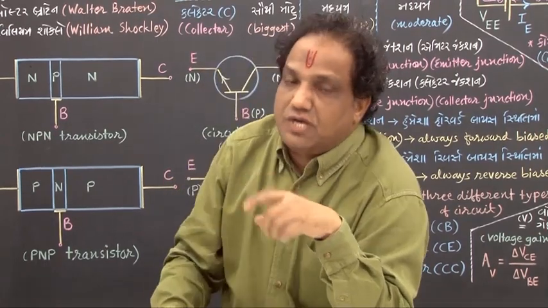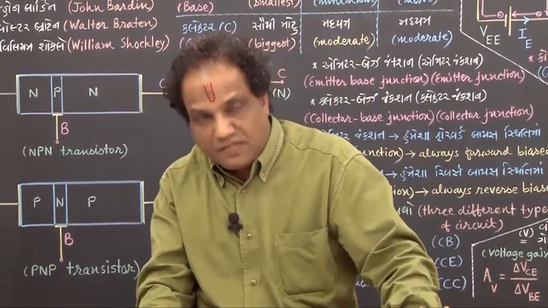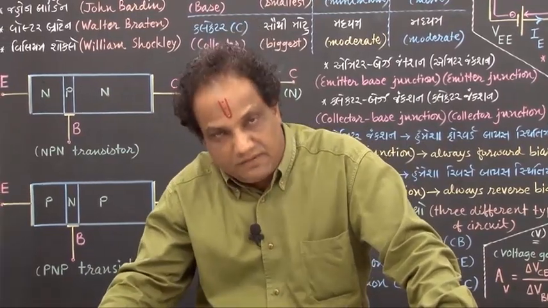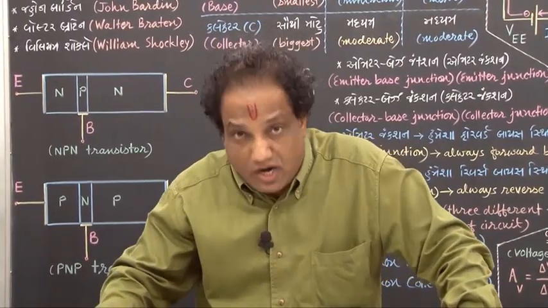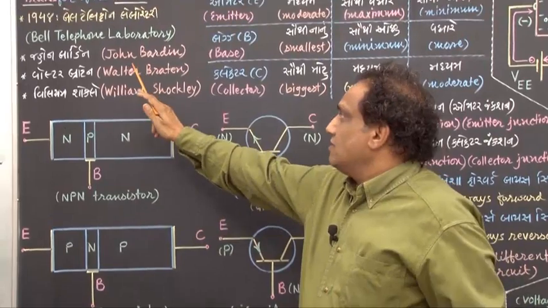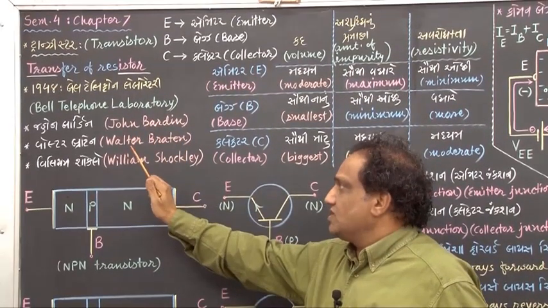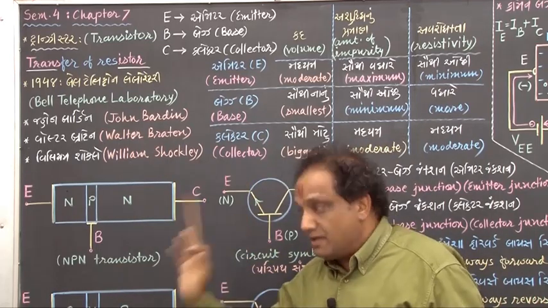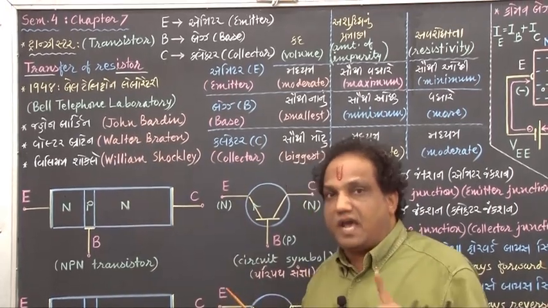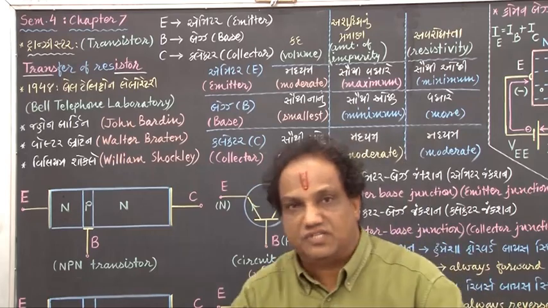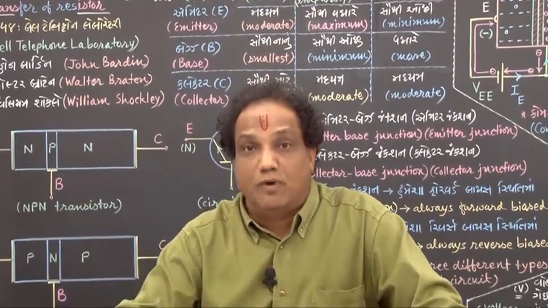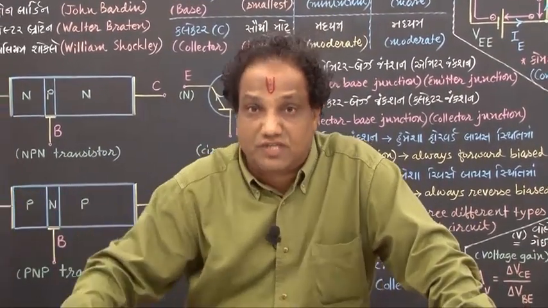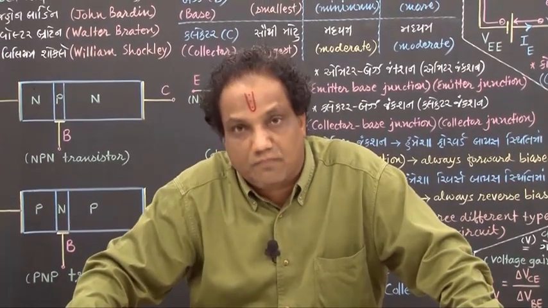Look, Mr. John Bardeen, Mr. Walter Brattain and Mr. William Shockley. These three scientists prepared the very first transistor, and they were rewarded with a Nobel Prize for the preparation of such an important electrical component.